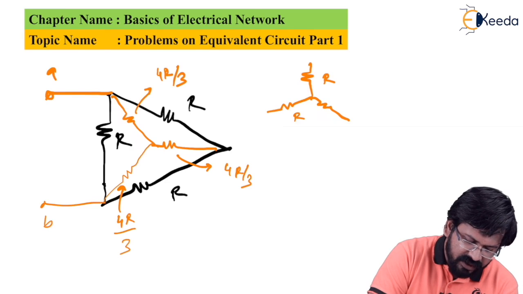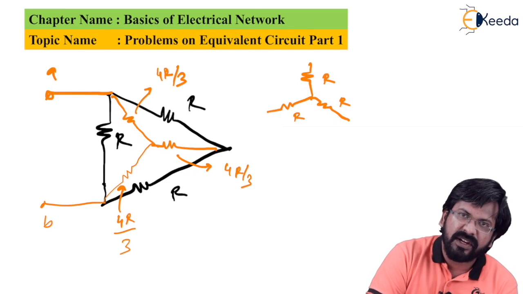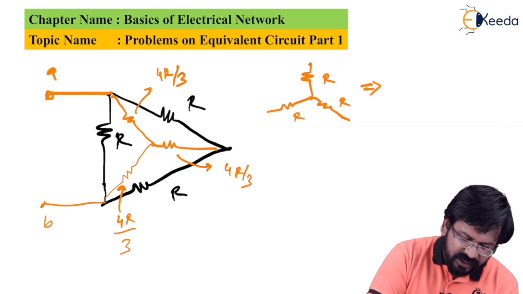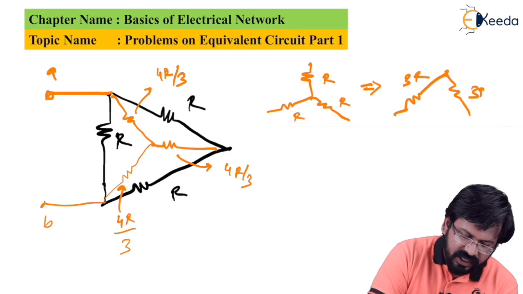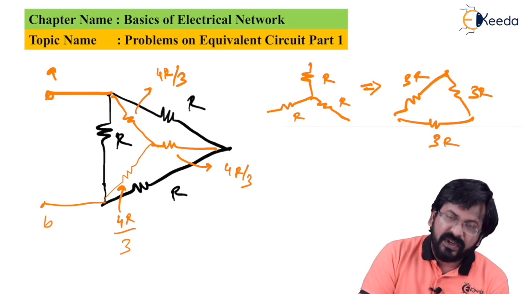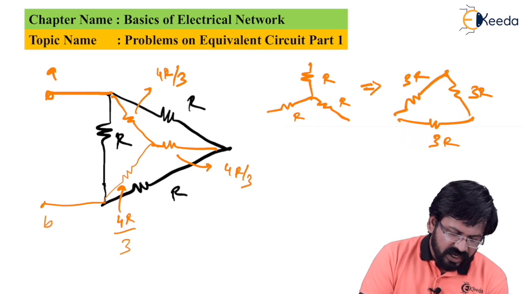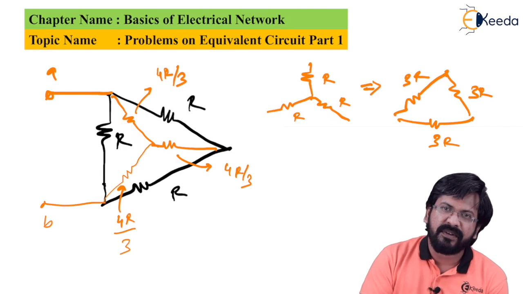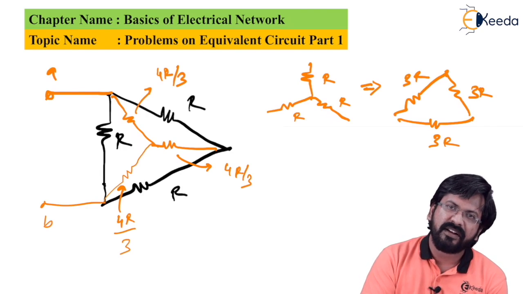So let's say when we have a star having all equal elements, then its equivalent delta will have elements as 3R, 3R and 3R. So here every element is 4R by 3, so every 4R by 3 gets multiplied with 3, becomes 4R, 4R and 4R.